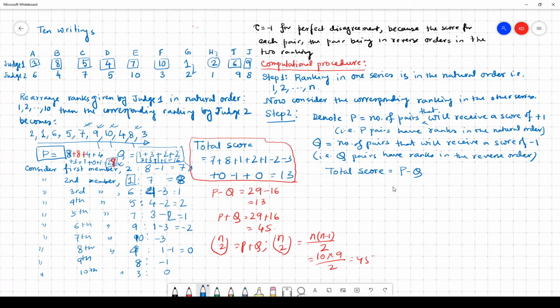Okay, total score equal to P minus Q, and obviously P plus Q I already mentioned, this should be NC2.